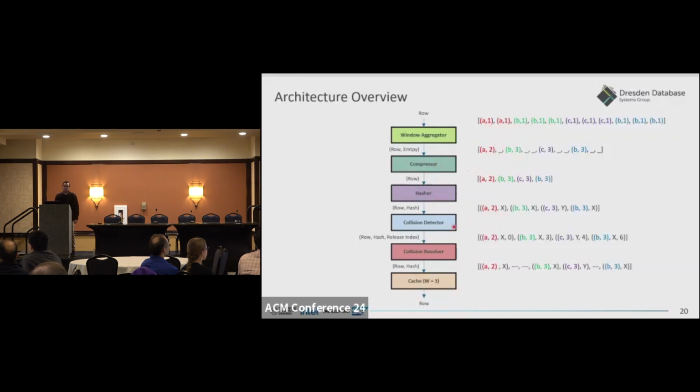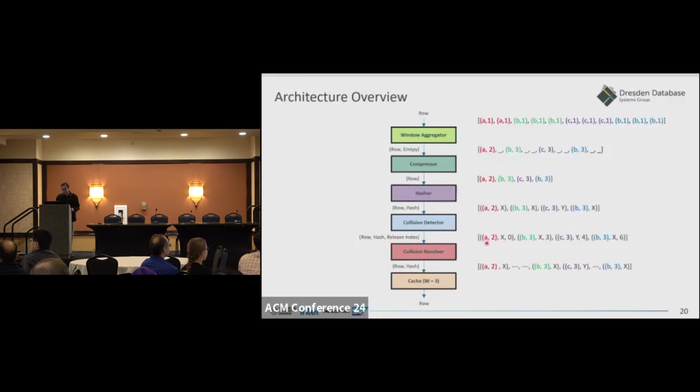The collision detector is maybe the more interesting module. It augments the rows with what we call release indices. The release index of a row is the index of that row within a new stream of rows. Actually, let me explain the next module as well. The collision resolver then enforces these release indices. Let me show you an example.